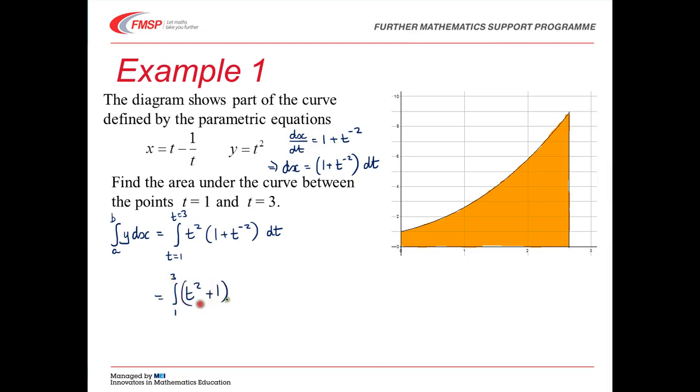I said it wasn't going to be too bad. And I can do that: 1/3 t cubed plus t from 1 to 3. So that's 1/3 of 27 is 9 plus 3. Take away 1/3 plus 1. That's 10 2/3.